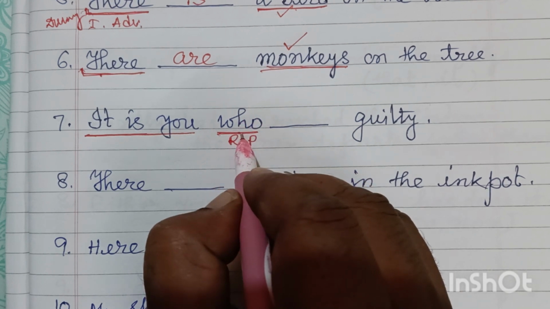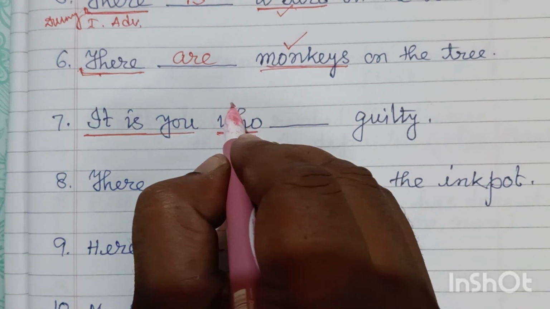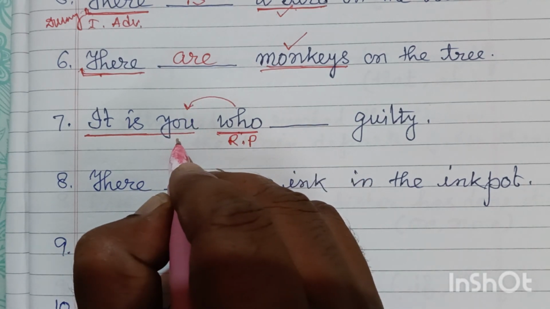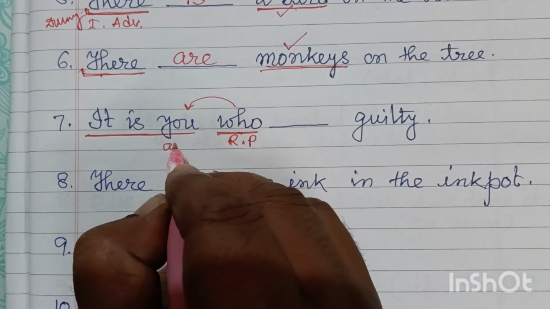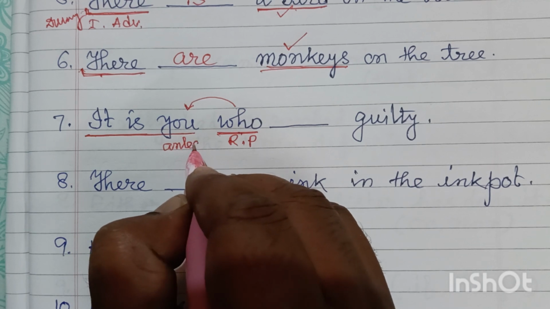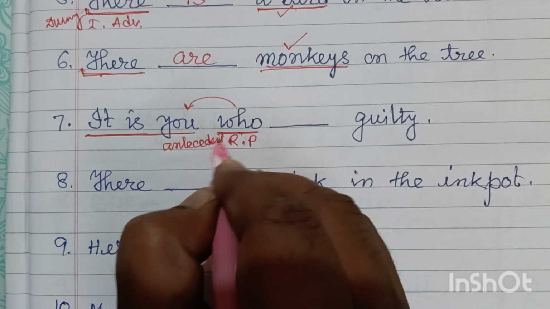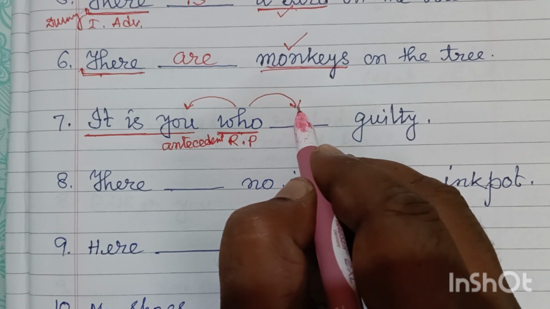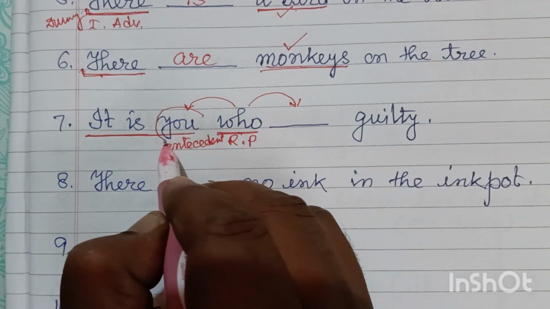As it is a relative pronoun, obviously before that there will be a noun or pronoun, which is called its antecedent. We have to use the verb according to this antecedent.